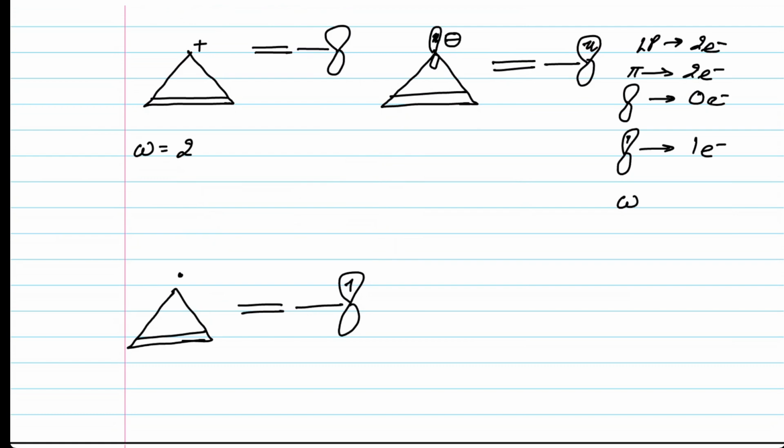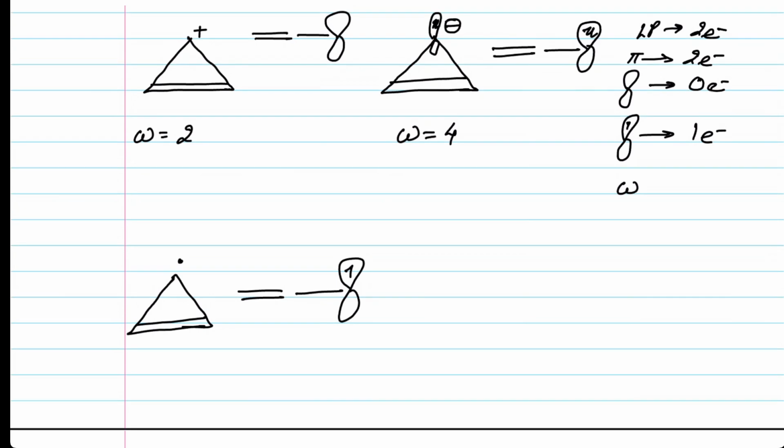In this case, the number of electrons taking part in cyclic conjugation turns out to be 4 because we have a pi bond, a single bond, and the lone pair. In the last case, we have the number of electrons taking part in cyclic conjugation as 3 because we have an unpaired electron and a pi bond. So the total number of electrons taking part in cyclic conjugation turns out to be 3.